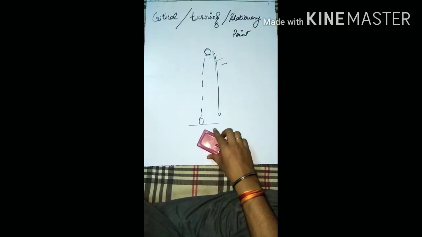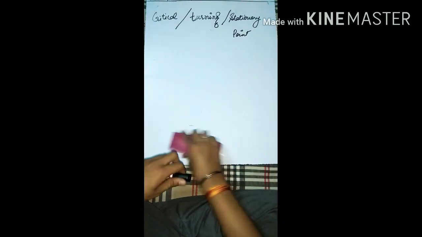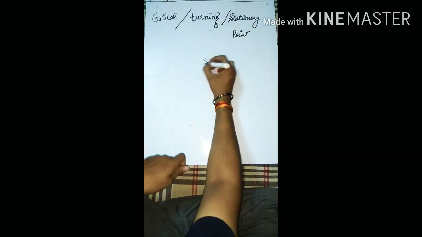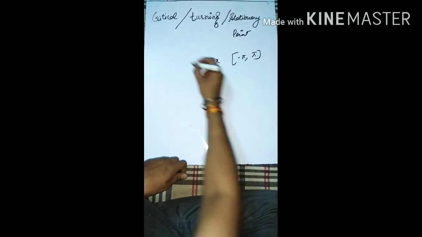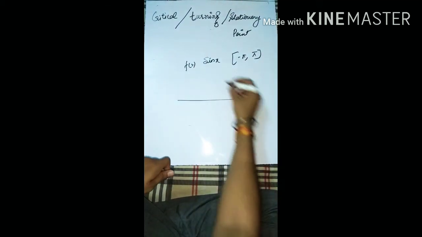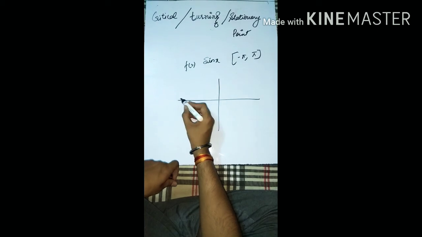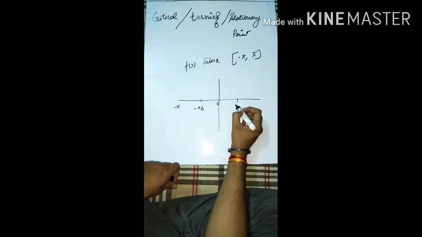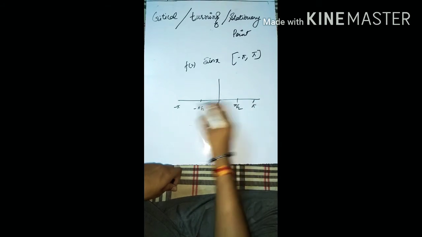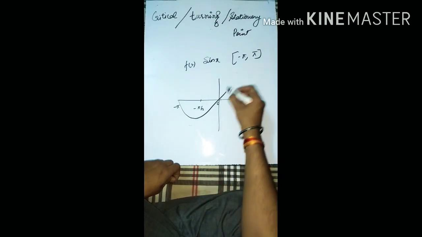Okay, and you know the example which we have taken, sin x in the interval minus pi to plus pi, which we considered as f(x). So what was the graph? The graph had minus pi by 2, 0, pi by 2, and pi. So the graph was going like this.